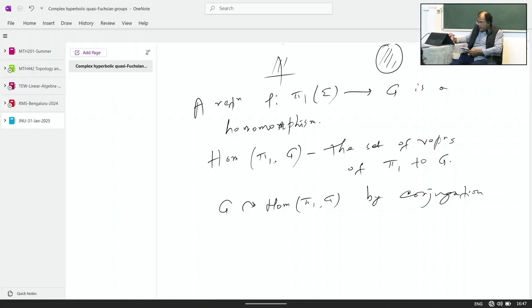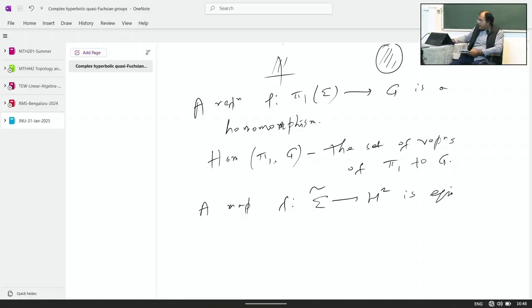Let's first not talk about this at the moment. Okay, so this is a set that I had defined. Now you consider a map F from sigma tilde to H2. This is kind of equivariant.